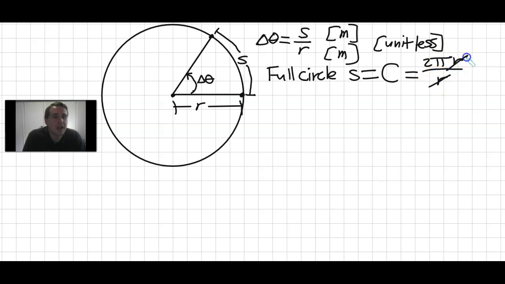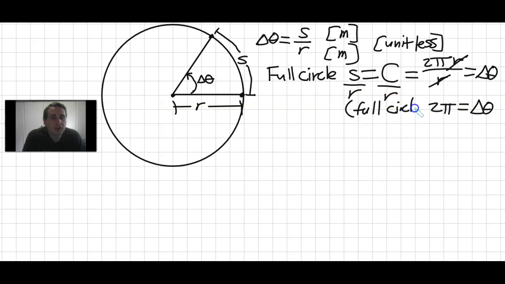So we cancel these out and we say that for a full circle, s would be 2 pi r, but if we do s divided by r, that would be circumference divided by r, and that should be delta theta. So then delta theta equals 2 pi for a full circle.